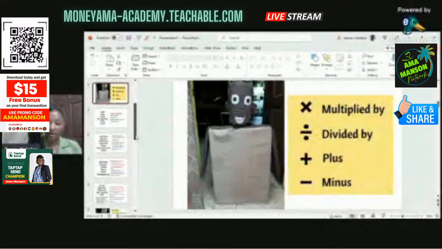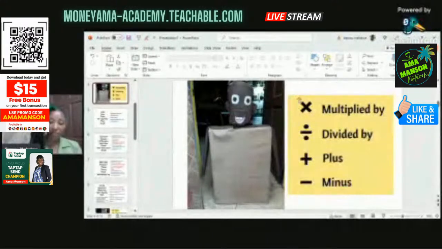All right, so here on the screen we have the 4 basic symbols of arithmetic. Arithmetic has to do with computation, calculating, and the 4 basic symbols of arithmetic are multiplication, division, addition, and subtraction.